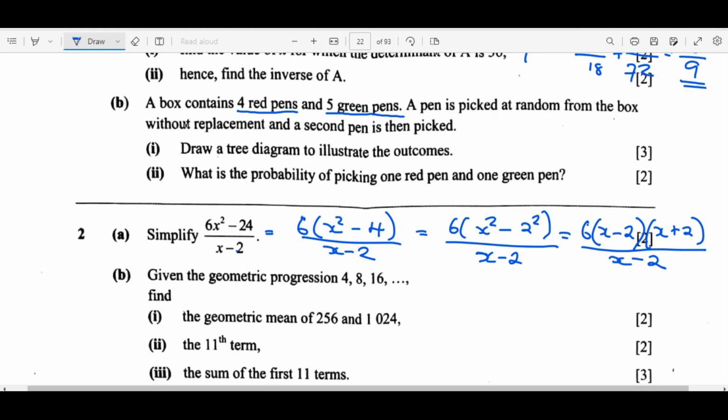You look at what is common: this is common and this is common, so you cancel. The answer is 6 open bracket x plus 2 close.